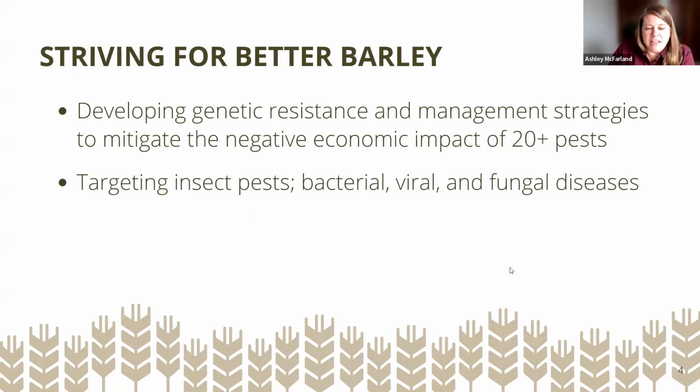And then secondarily, targeting insect pests, bacterial, viral, and fungal diseases. So that's what's included in those 20 plus pests that we identified. And so that's the work that we do through the BPI. I would say a majority of the funding does go to that genetic resistance work, but we do have a few folks working on the management strategies as well.